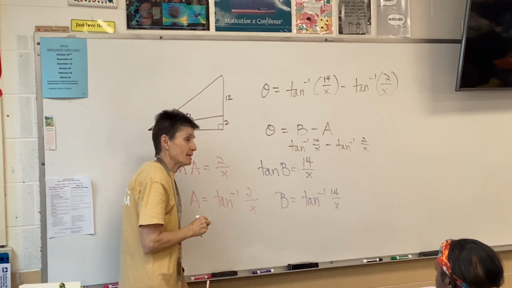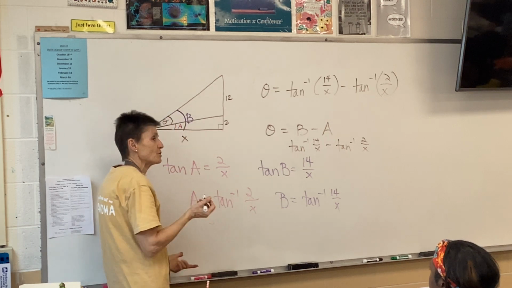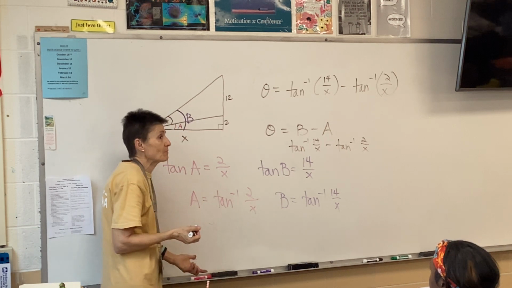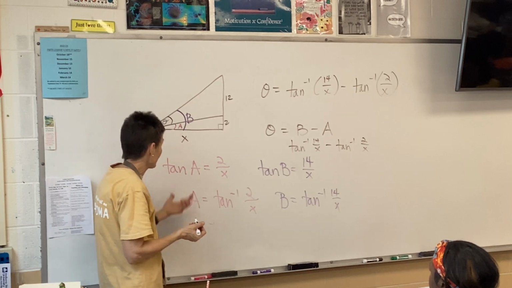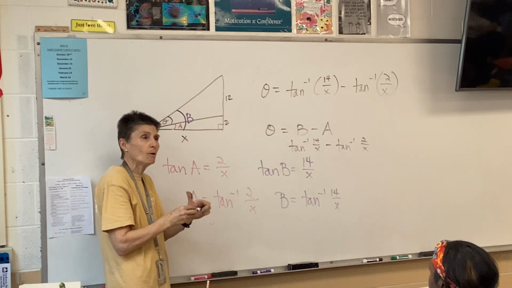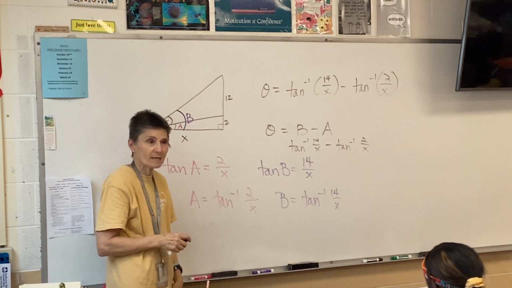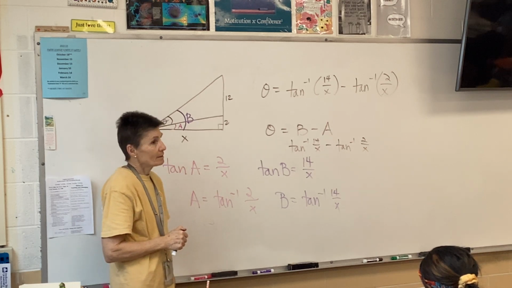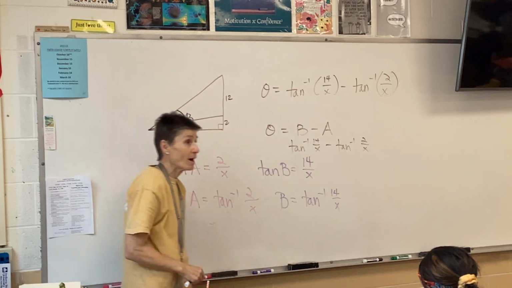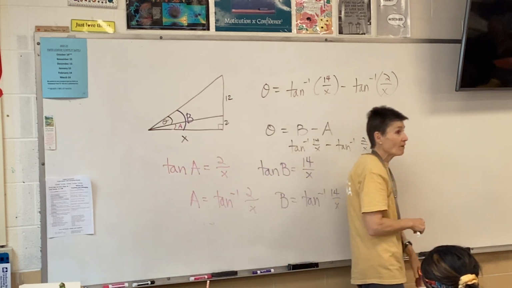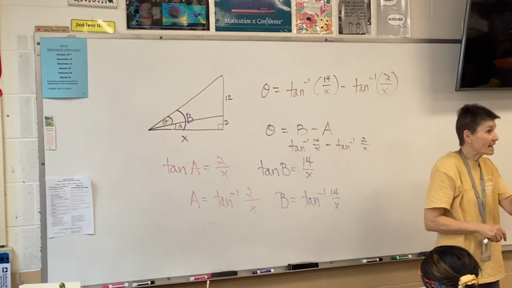Now you might be thinking, well, Mrs. Ford, why didn't we just do tan theta? Why did we mess around with these A's and these B's? Can somebody tell me why I didn't just do tan theta? Yeah. It's not a right triangle. Now, in chapter 5, we're going to be able to handle it.